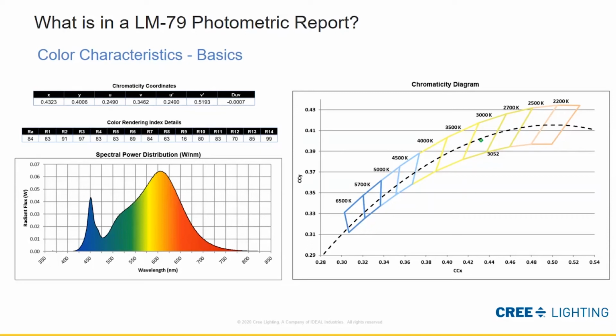There is some variation, but ultimately LM-79, the actual laboratory measurement procedure, requires chromaticity, requires power, requires total luminous flux. So there should be consistent things in each report, but a lot of times, if you're an internal laboratory at a manufacturer, you're going to work with your marketing department or your customers and generate a report that satisfies what market you work in and maybe what's more important.